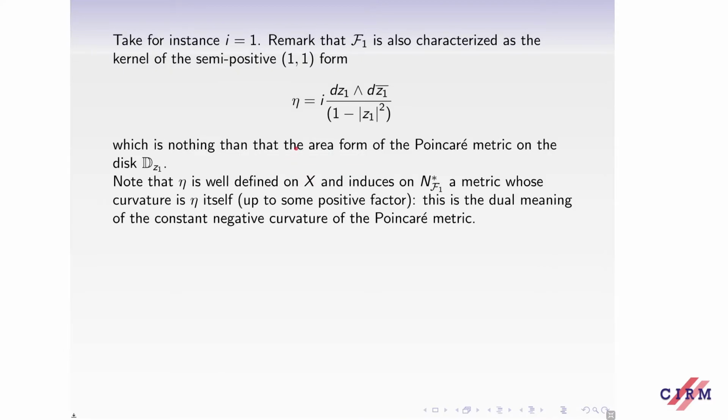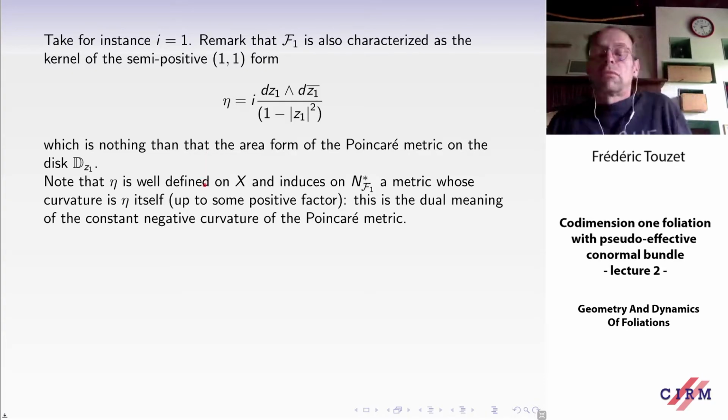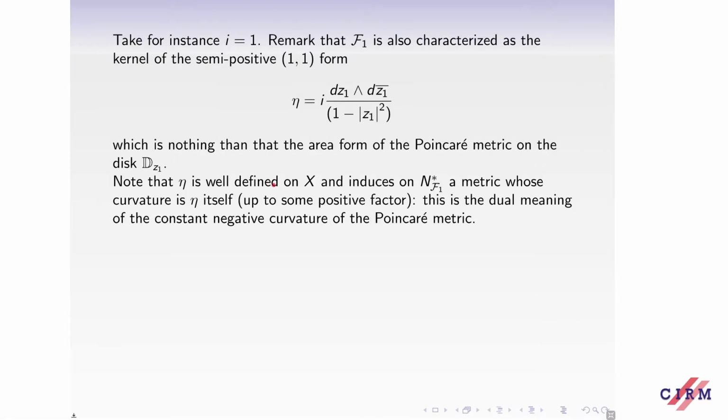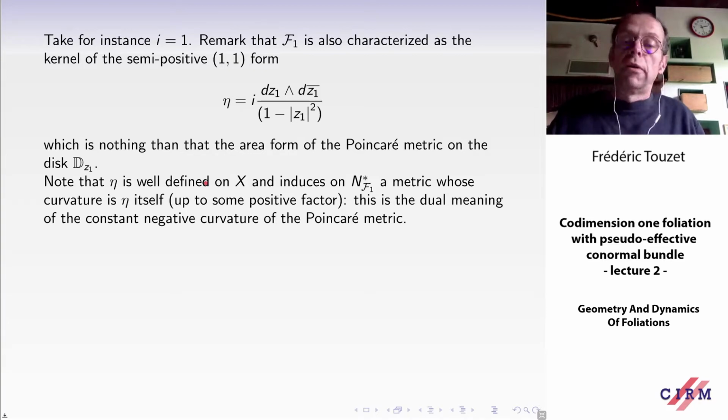And in fact, this form descends to the quotient X, because I recall that the action of gamma on the factors, in particular on the first factor, is given by transformation groups of the disk, which preserve the Poincaré metric. So by virtue of the property of the Poincaré metric, namely that it has -1 curvature, this transverse metric on the foliation F1 is a metric with negative curvature on the normal bundle of F1.